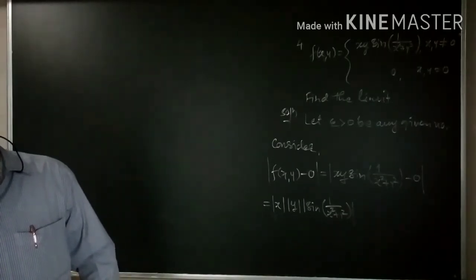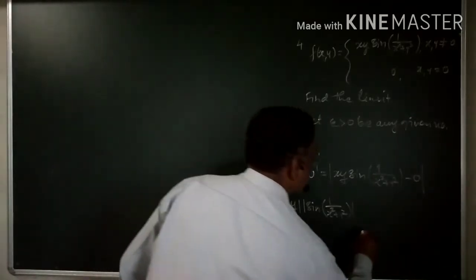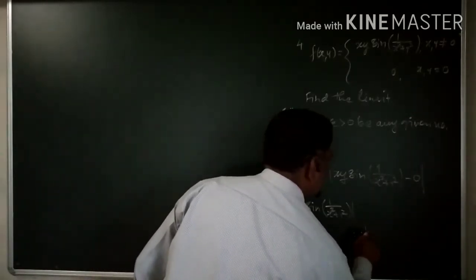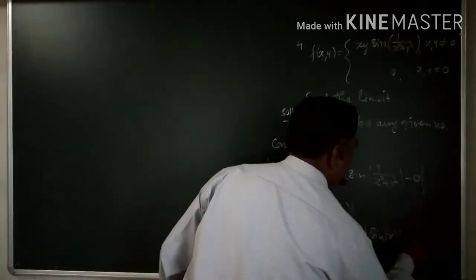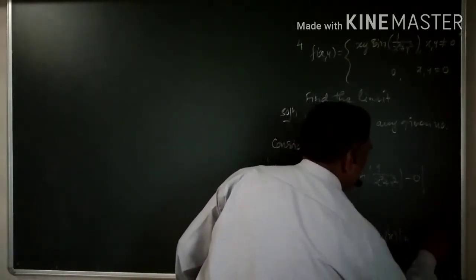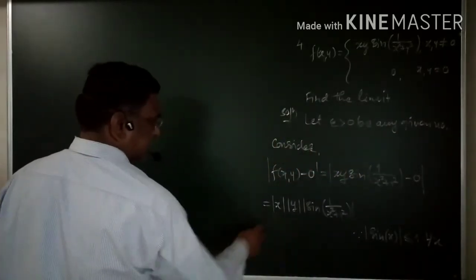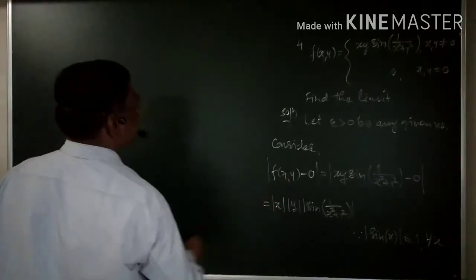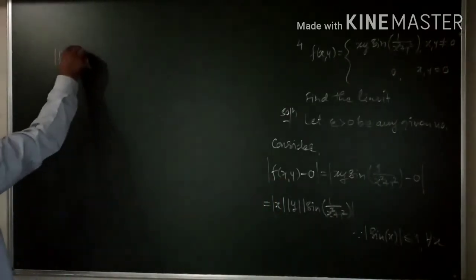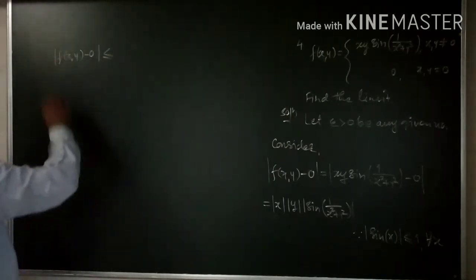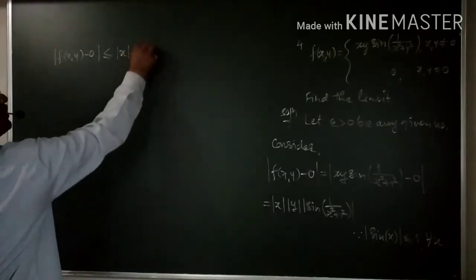Now here we are going to use that, as we know, absolute value of sine of x is less than or equal to 1 for every x. Therefore absolute value of f of x, y minus 0 is less than or equal to absolute value of x into absolute value of y.